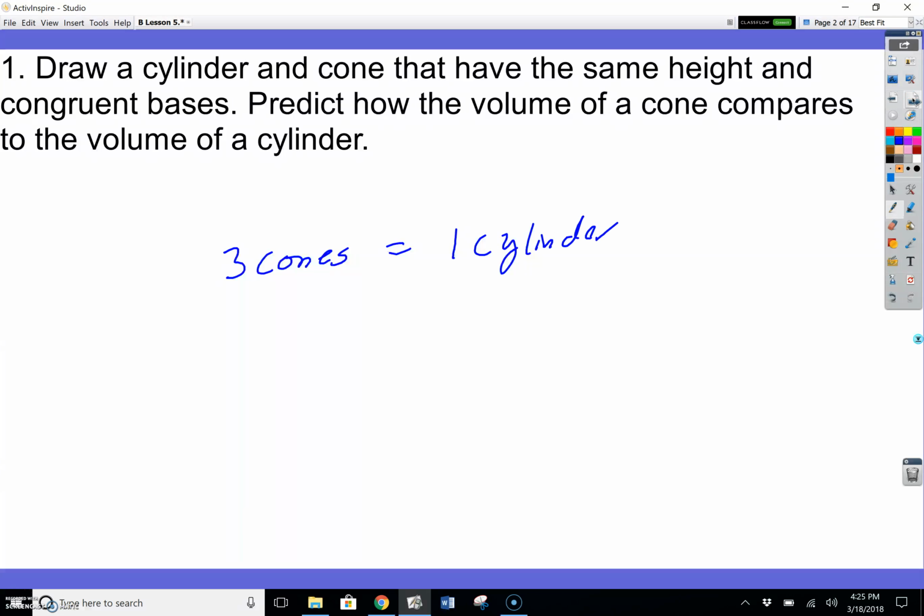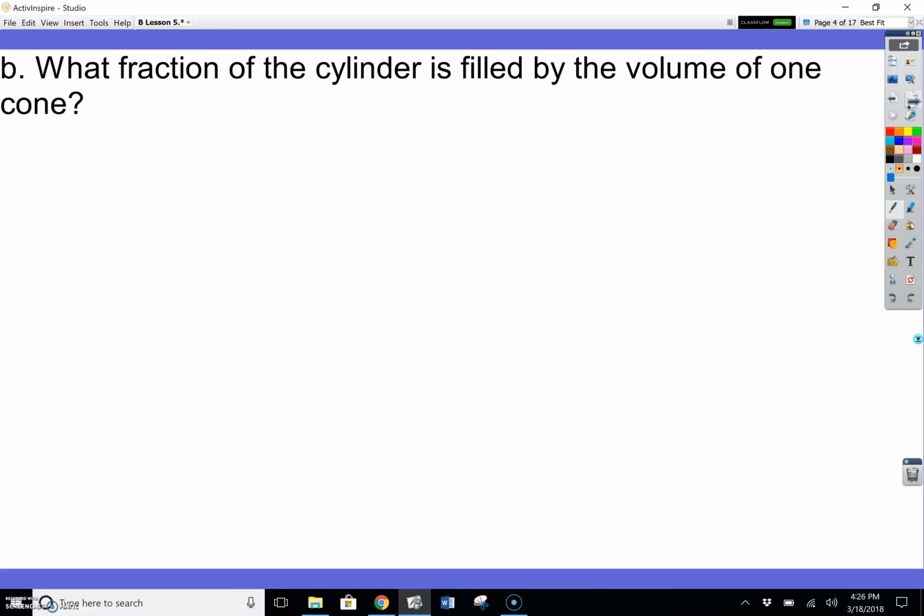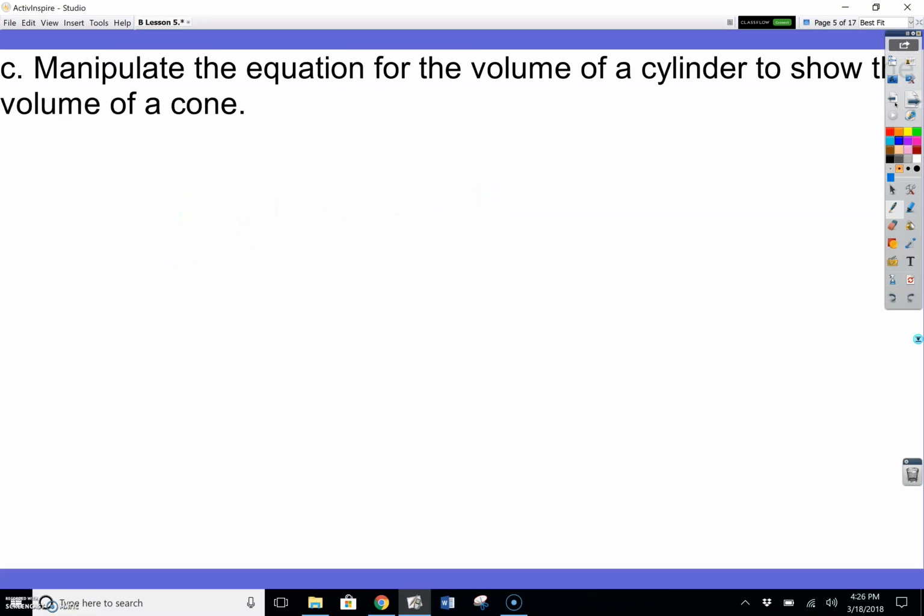So how many cones of water are needed to fill up the cylinder? 3. What fraction of the cylinder is filled by the volume of the cone? So 1/3 of the cylinder equaled 1 cone. Now it's really important because on the next one we're going to manipulate the equation of the cylinder to show the volume of a cone.